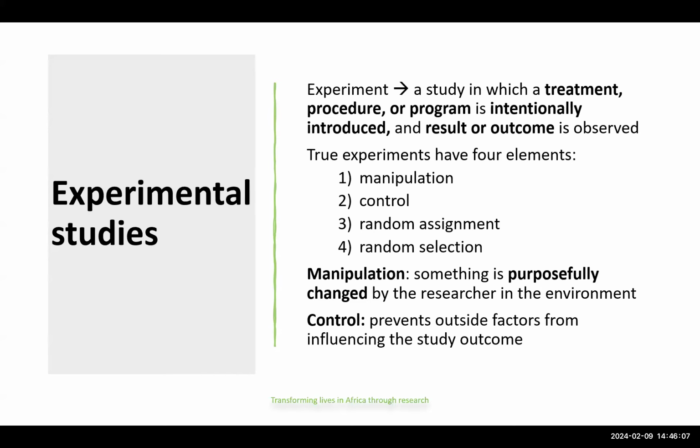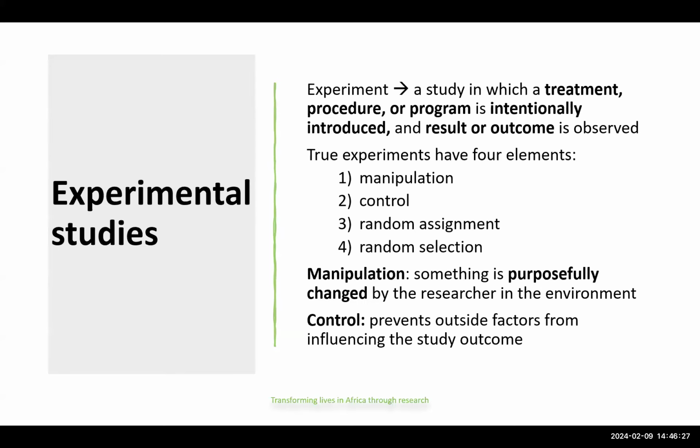By introducing, it just means that you could have a new program, a new treatment, or a new way of doing things, and introduce it in the lives of a cohort of people, in younger people, and then over time observe what happens, measure the outcomes, and attribute the outcomes to the experiment that was introduced.